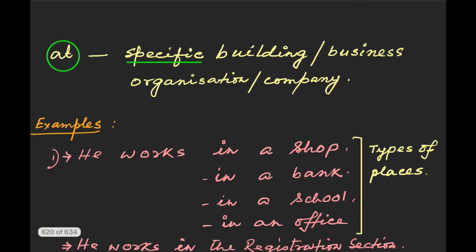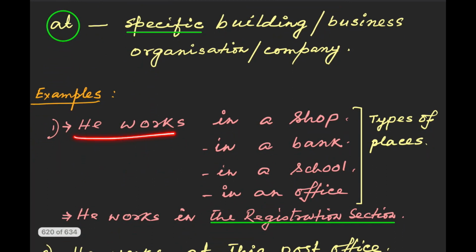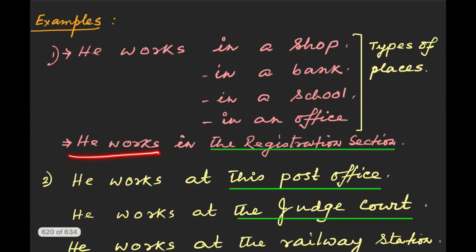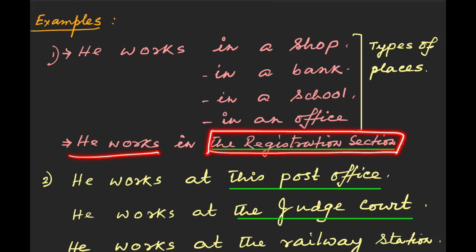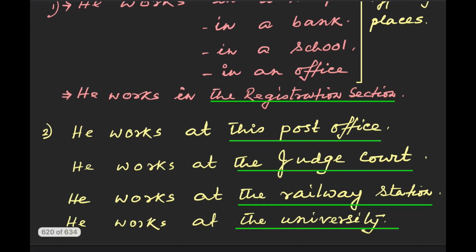See the examples. He works in a shop, in a bank, in a school, in an office. Types of places. But he works in the registration section. This is department.